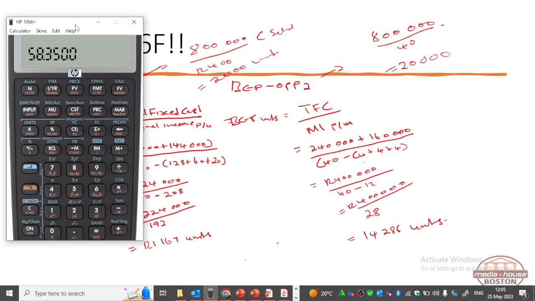So let's look at the second one. It's gonna be 14,286 divided by 20,000, then multiplied by 100. So you will see that if you take a look at the two, for option number two, we actually have to sell 71% of our stock for us to be able to generate profit.